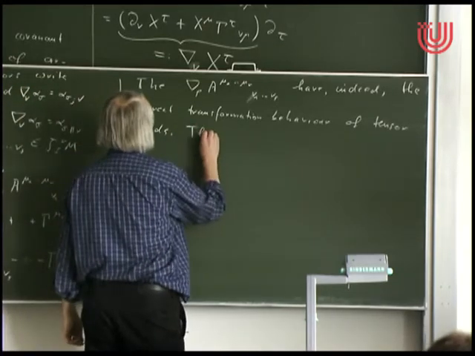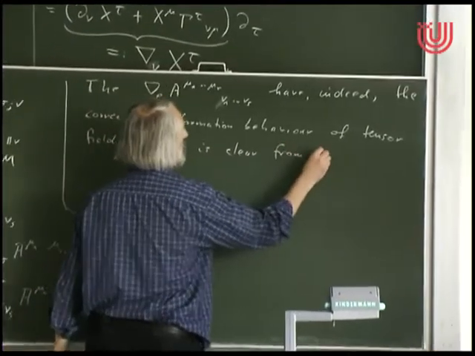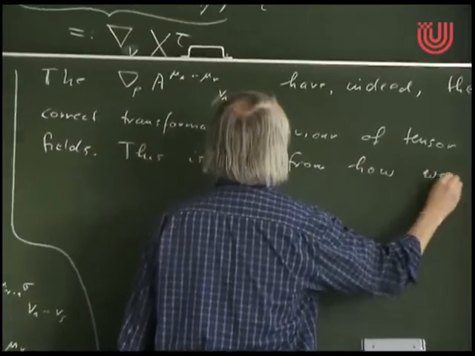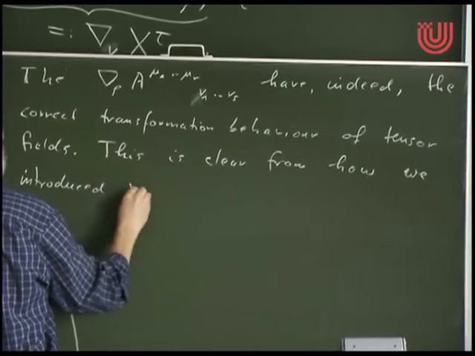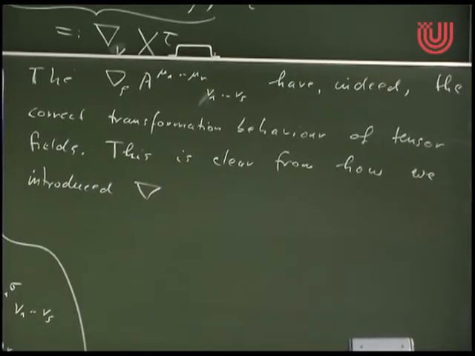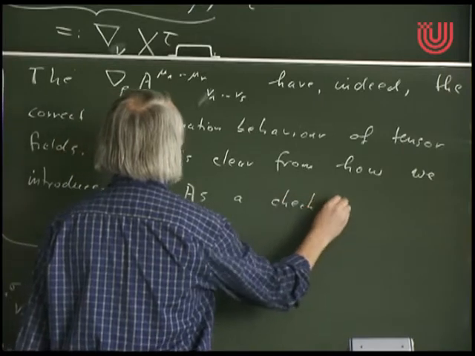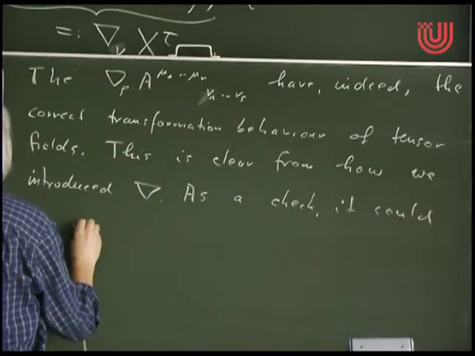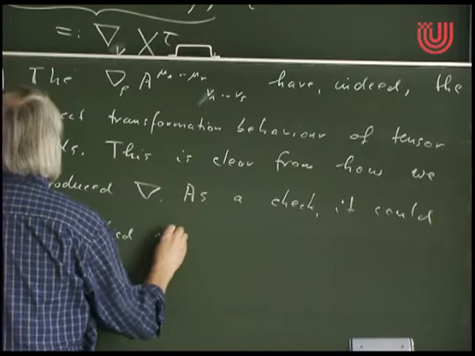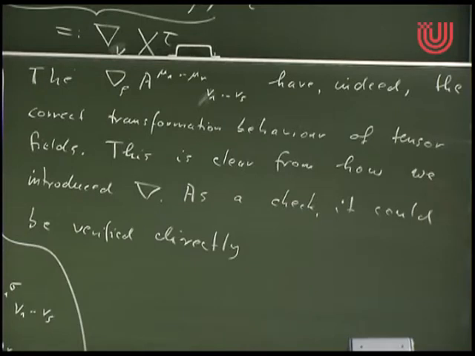So I write here, this is clear from how we introduced the del operator. It follows from the properties of the del operator, which we included in the definition. As a check, it could be verified directly. Actually, I'm too lazy to do this because it's a somewhat boring calculation, but it's not difficult.